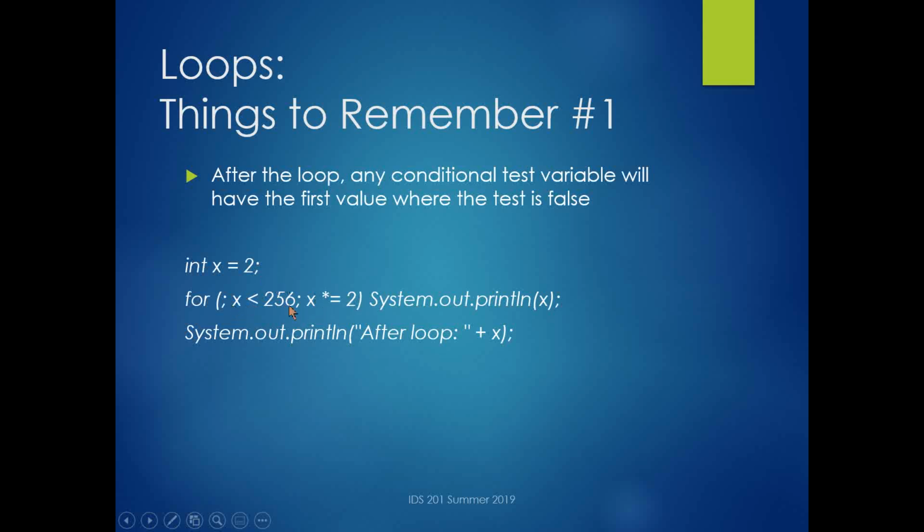We get to 128, the test is still true. When we double it once more, it becomes 256. So at that point, when x is 256, this is false, we go out. When we print after the loop, we'll print out the number 256 because that's the first value of x where the test was false. It won't be 128, the last one where it was true.